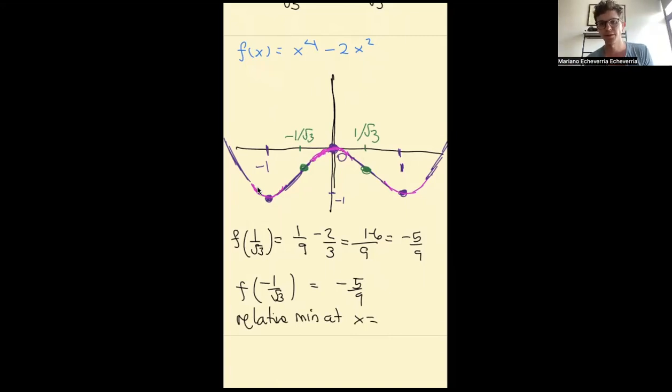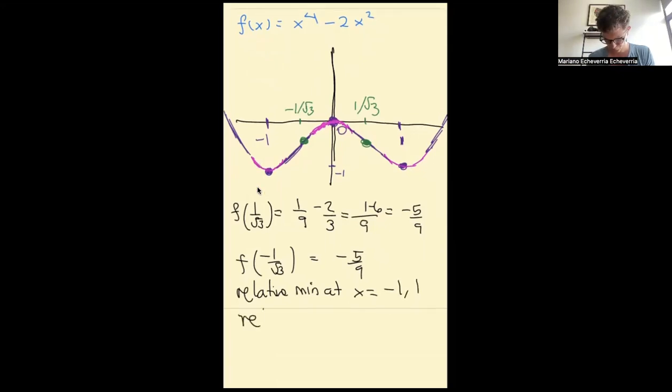If you think of the graph as a roller coaster, it's like a valley, the bottom of the graph. I see 2 relative mins, so there should be 2. Now, how many relative maxes are there? It's just at 0, right?